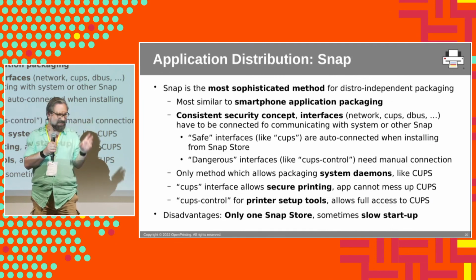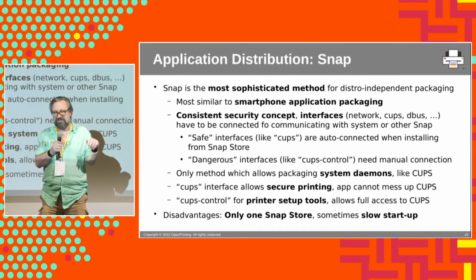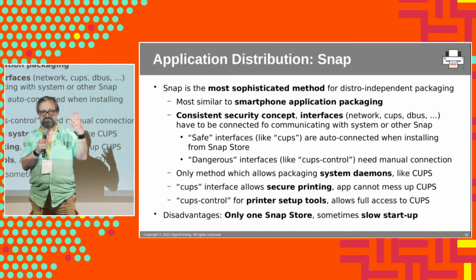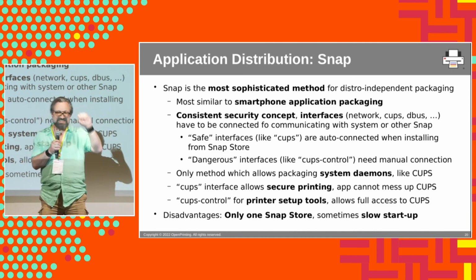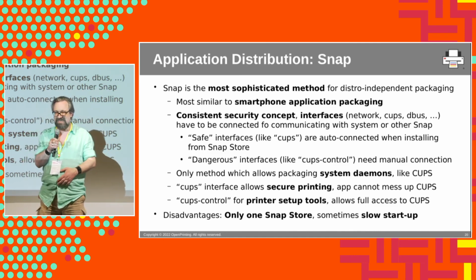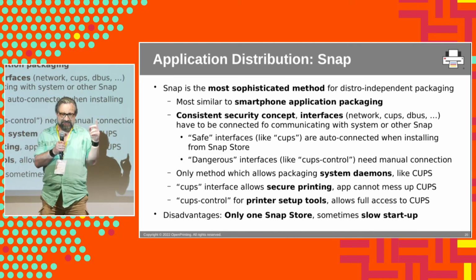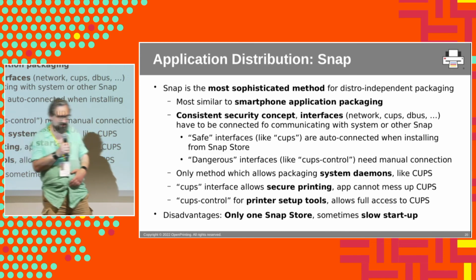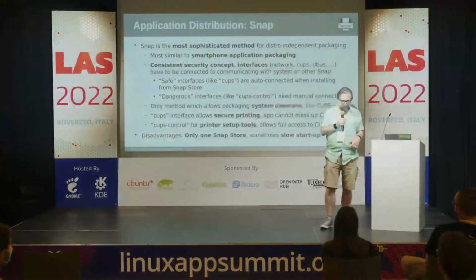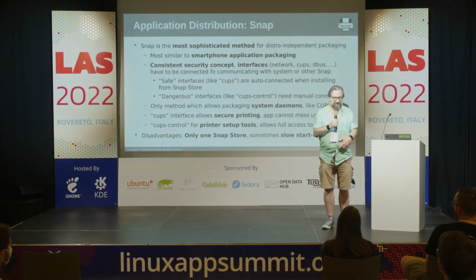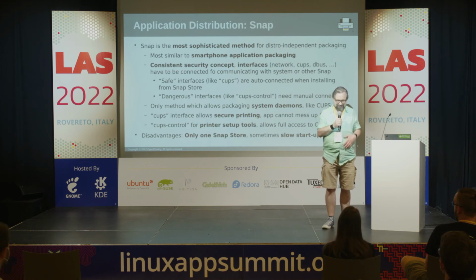Same for printer applications. And many people are complaining about Snaps. There's only one Snap store, a monopoly and so on. And they are slow in startup and so people are complaining. And I want that one can get CUPS also in another format. And I reviewed Flatpak and AppImage, and they seem to be only for applications.